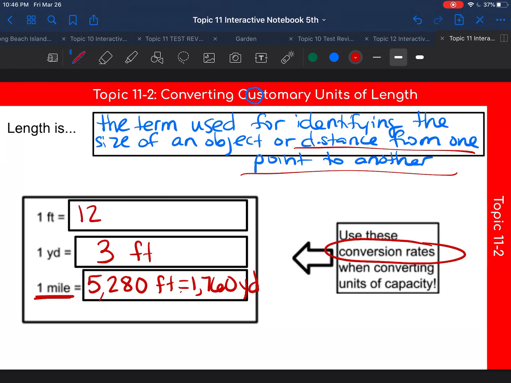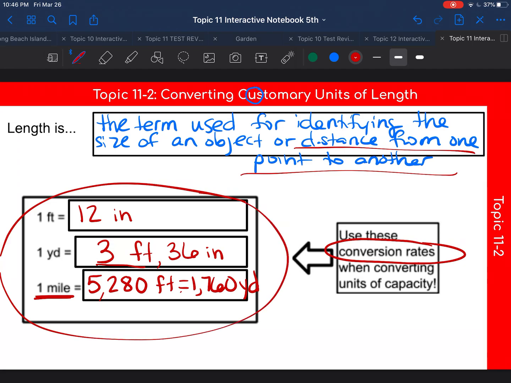There are 12 inches in a ruler. So let's try to see this. If 1 foot is 12 inches, what would 3 feet be? 3 feet would be 36 inches. So 1 yard is 3 feet, and it's also 36 inches. So these conversion rates are important to know for the following conversions we are going to try.